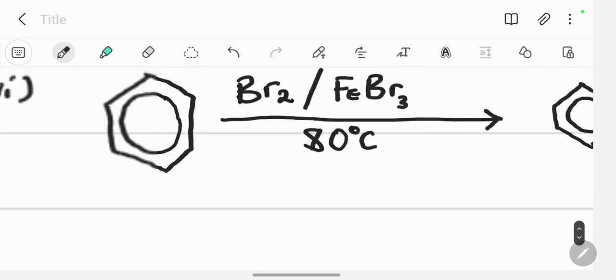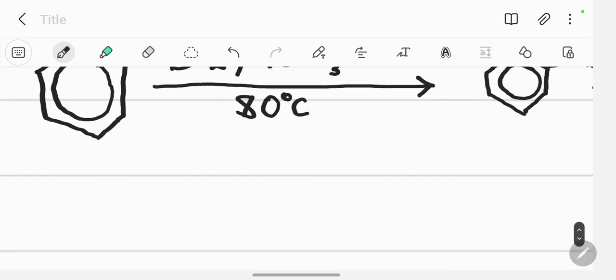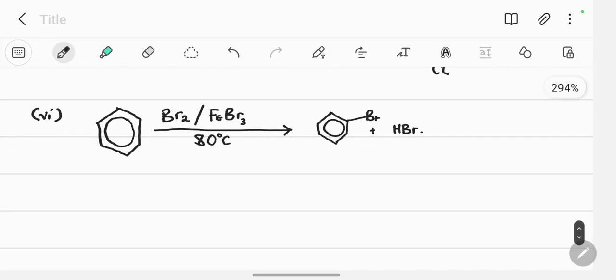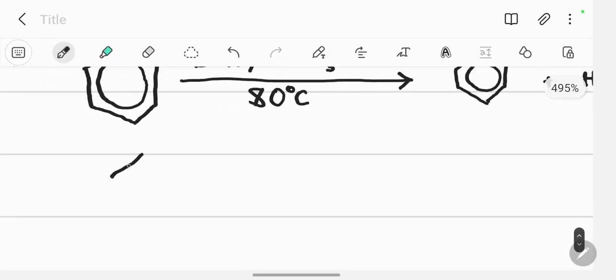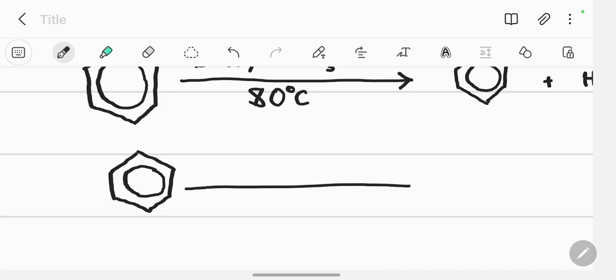So it's the same thing if I react my benzene ring, if I use my benzene and I add the chlorine and aluminium chloride or ferric chloride.